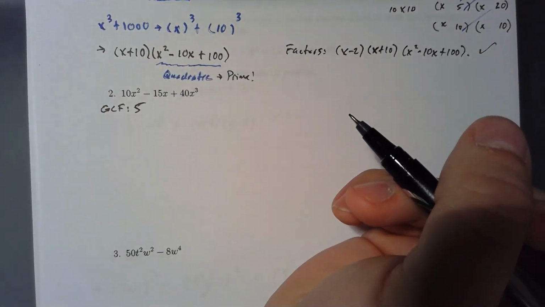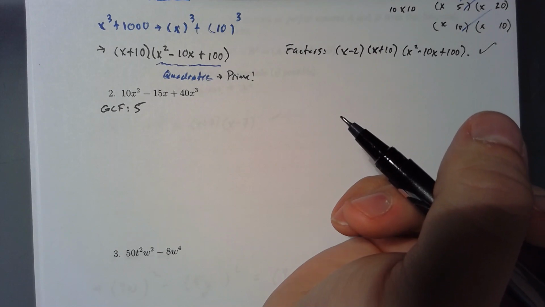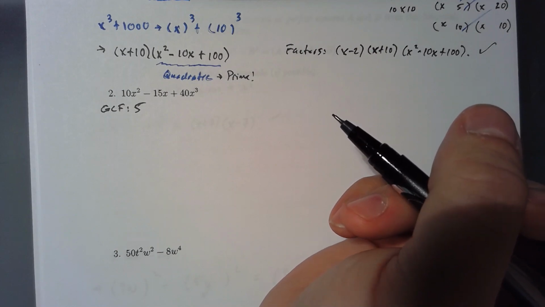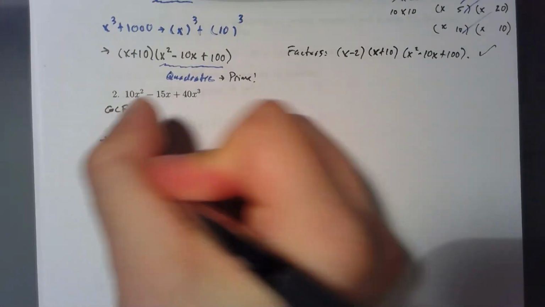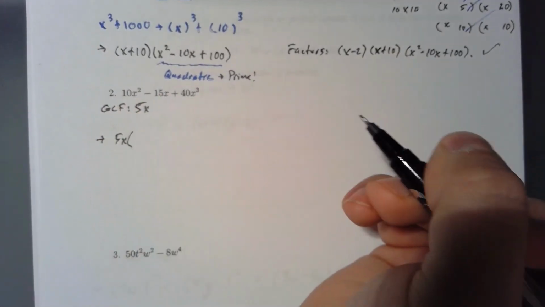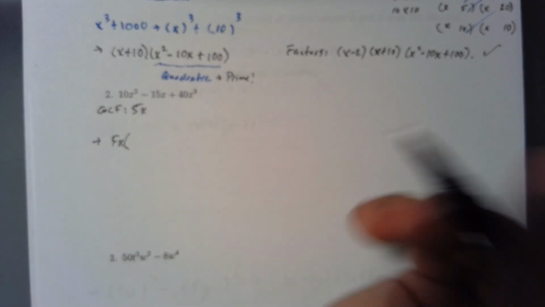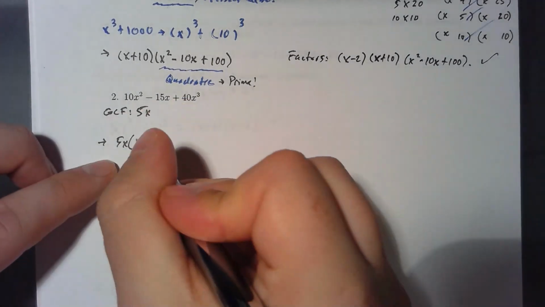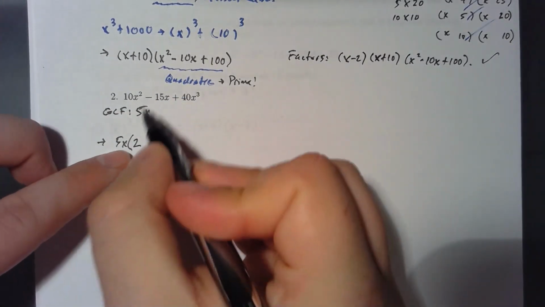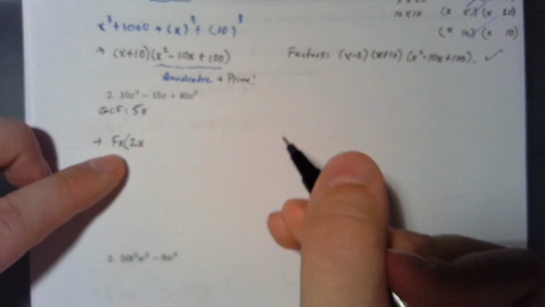And then they all have a power of what in common? They all have a power of x in common. So if I factor that out of there, what do I have left over? So 5 out of 10 is going to be 2. X out of x squared is x.